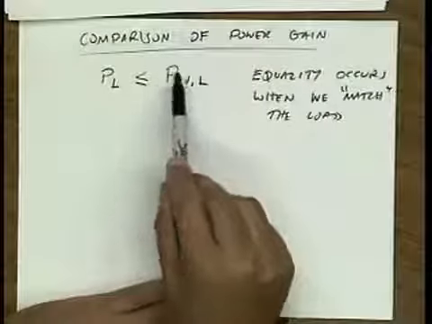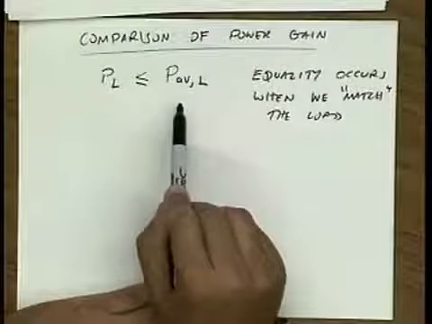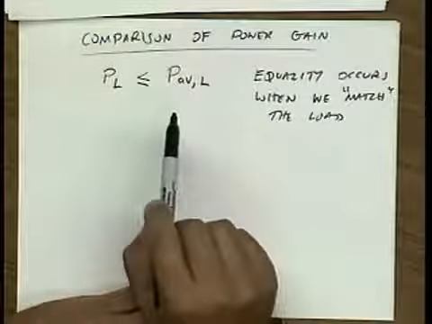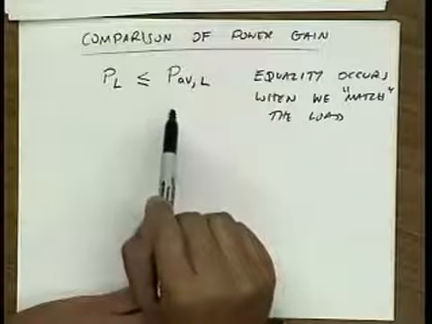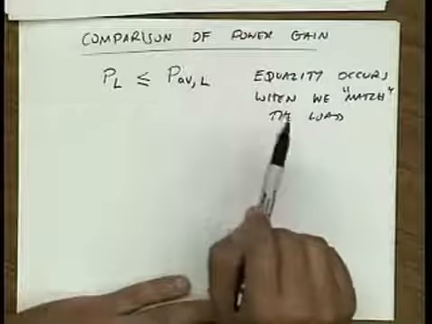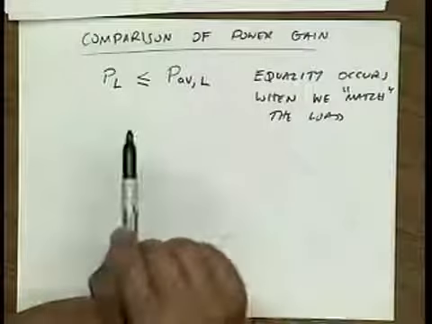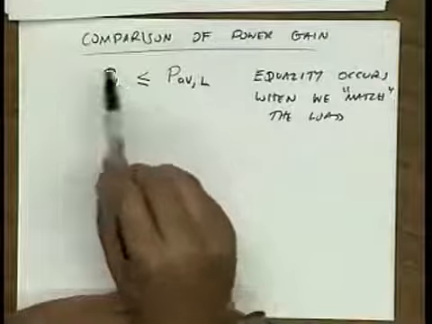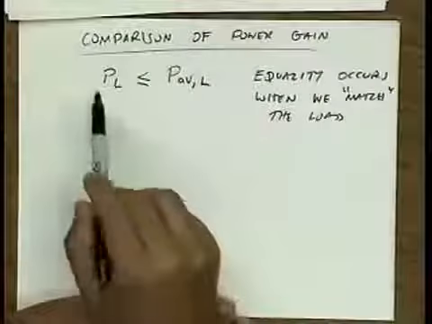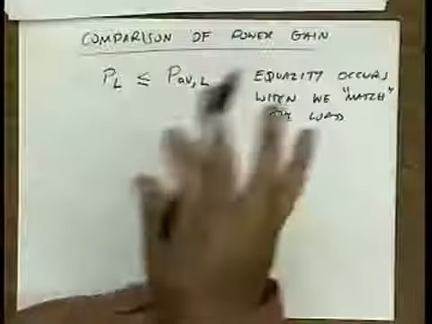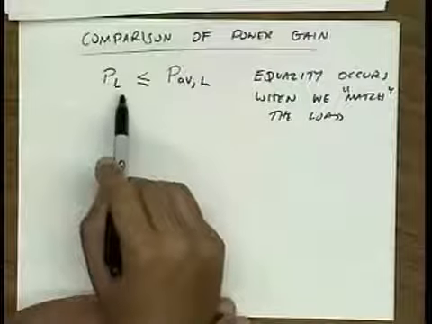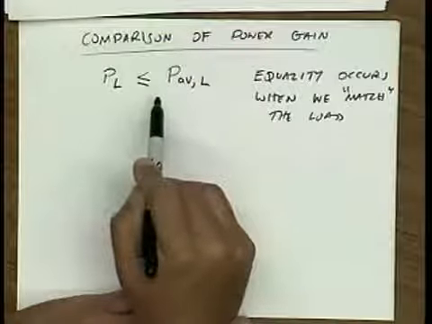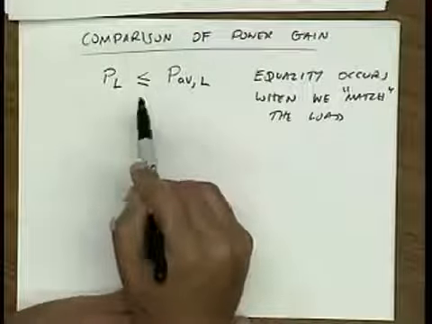So remember, PAVL is the power available from the two-port. It's the most power you could possibly extract from the two-port. And when does that happen? That happens when you put a load whose impedance is the complex conjugate of the output impedance of the two-port. So in other words, for any other load impedance or admittance, and as we learned last lecture we can do that, the power going to the load is always going to be less than the power available from the two-port.